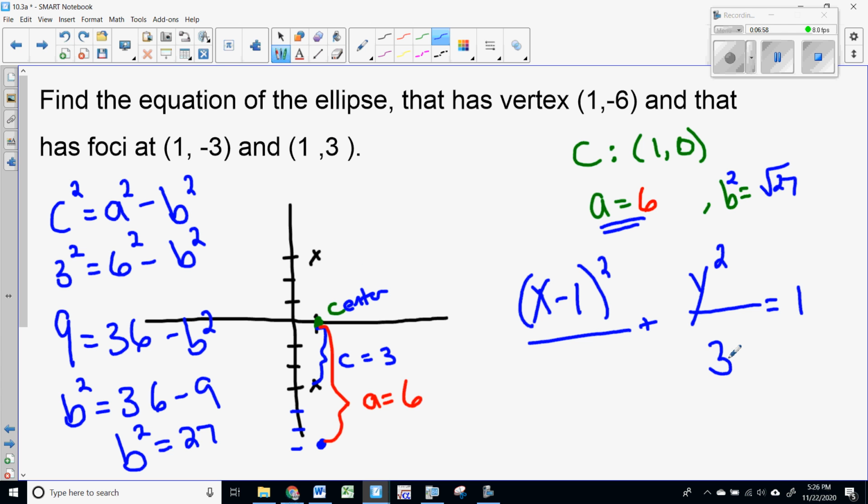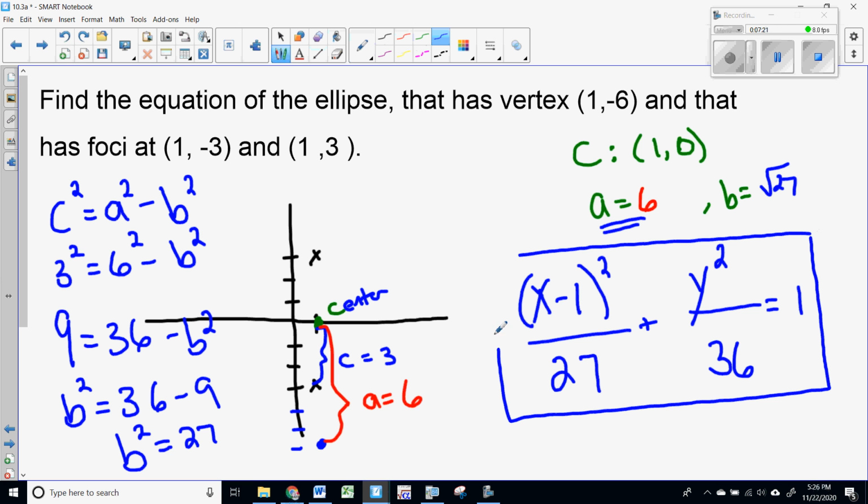That means our A goes here. So A squared is 36, and I wrote this here. Our B is the square root of 27, or B squared is just 27. Really, to find your equation, you don't have to find A or B. You just have to find A squared and B squared.